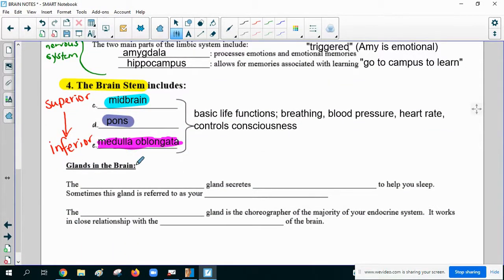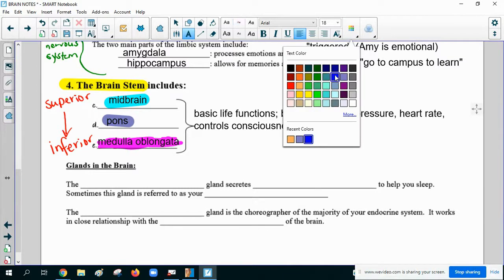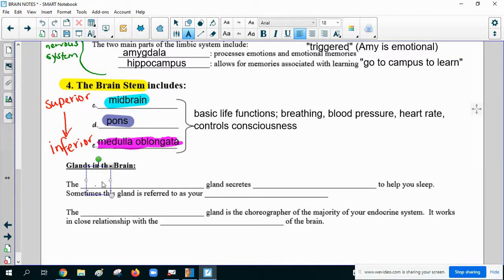Lastly, there are two glands that are directly associated with the brain, and I want to mention those, tell you what they do, and then we'll put them in the diagram as well. So the pineal gland is a gland that secretes the hormone called melatonin. And melatonin helps you sleep. Now, the way that we go about secreting melatonin is sort of an indirect effect.